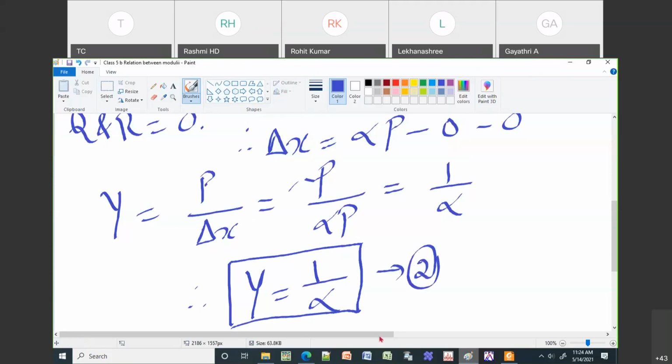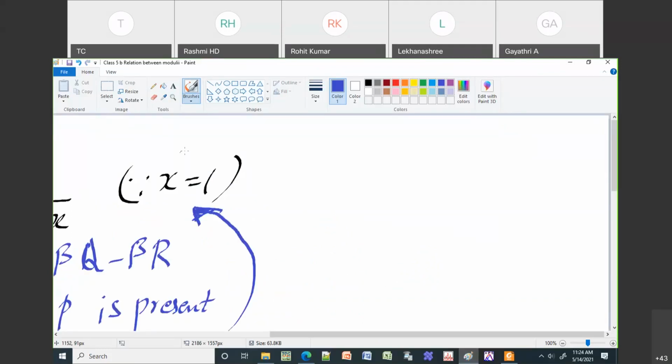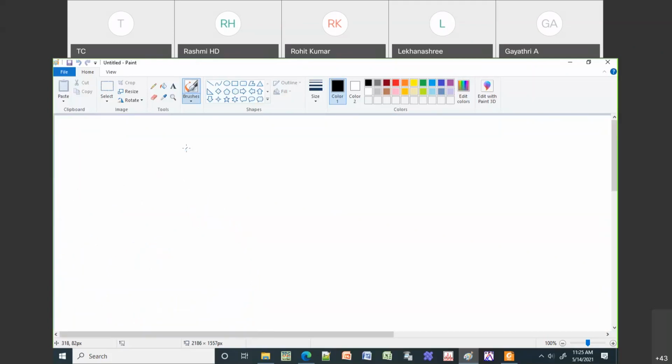So in the same way, we are going to do the same parallel things for the other two moduli, which are your rigidity and your bulk modulus. So I will take one more new file and do it here. We will first do the rigidity modulus.